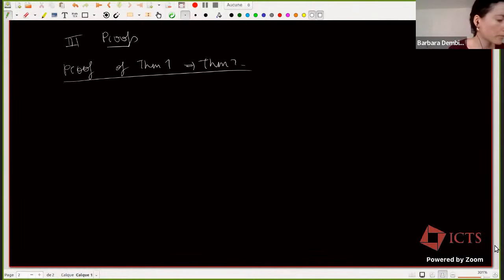Okay. So for simplicity, to not make our life too complicated, we will assume that Z is in the bulk. That is, it's not close to the endpoints.